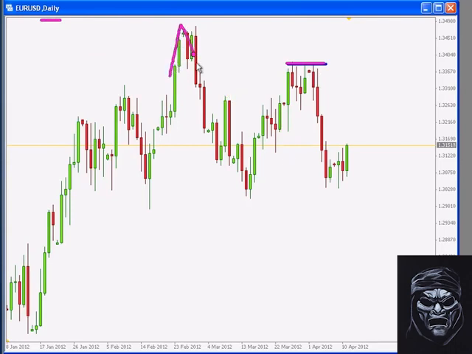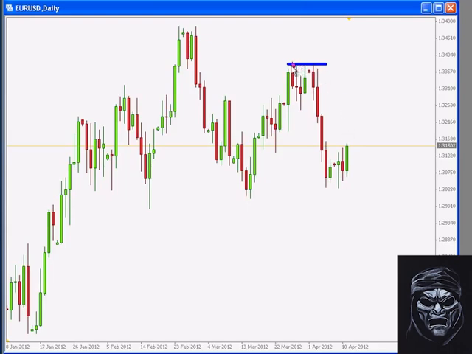Pretty much the same thing here. Do you see how there are multiple bars topping out at that level in the daily time frame? And therefore this clear swing point, just as this one really, and this one as well, etc., are so much clearer, sharper in the daily time frame than in the 4 hours time frame.